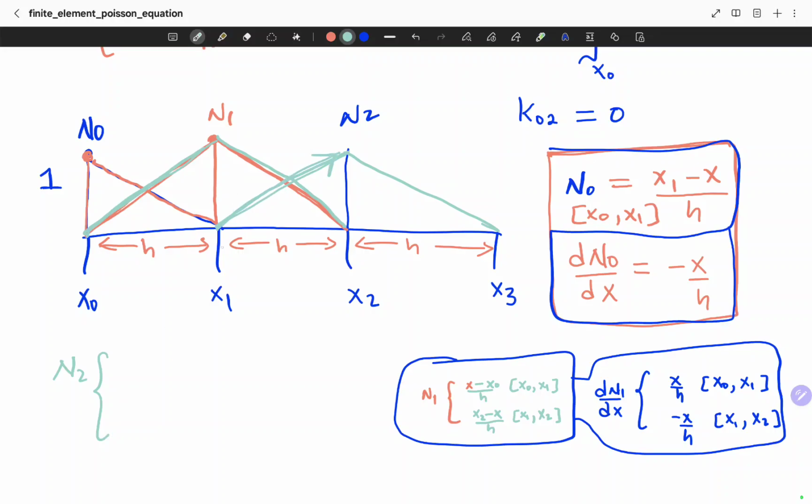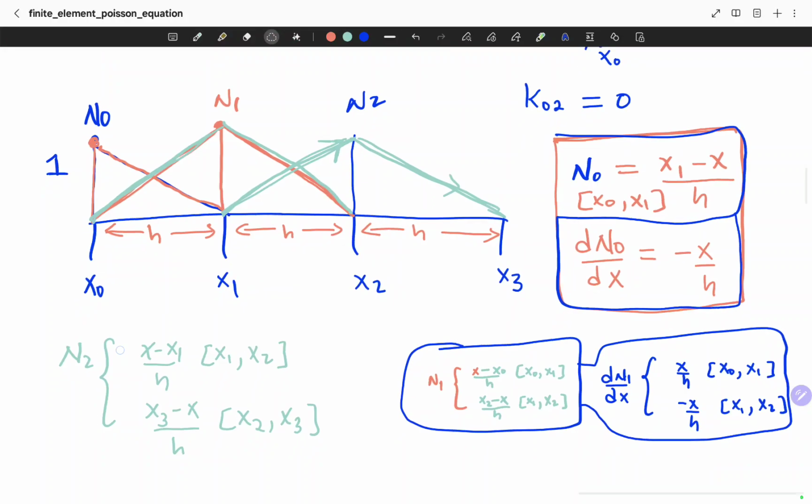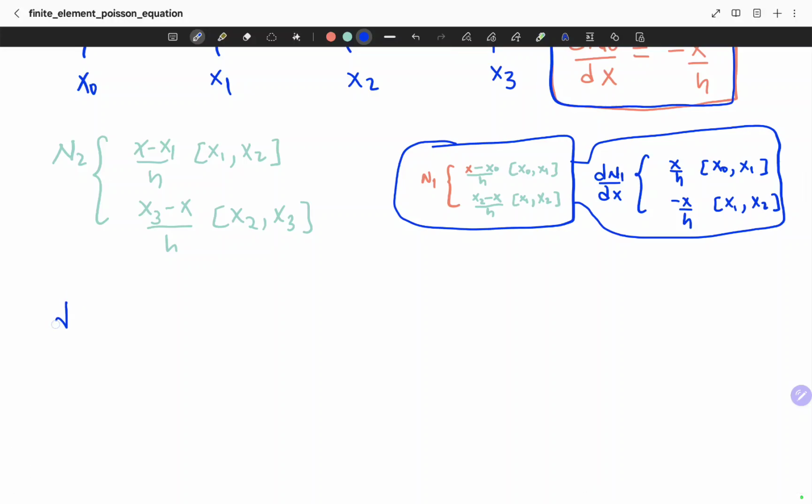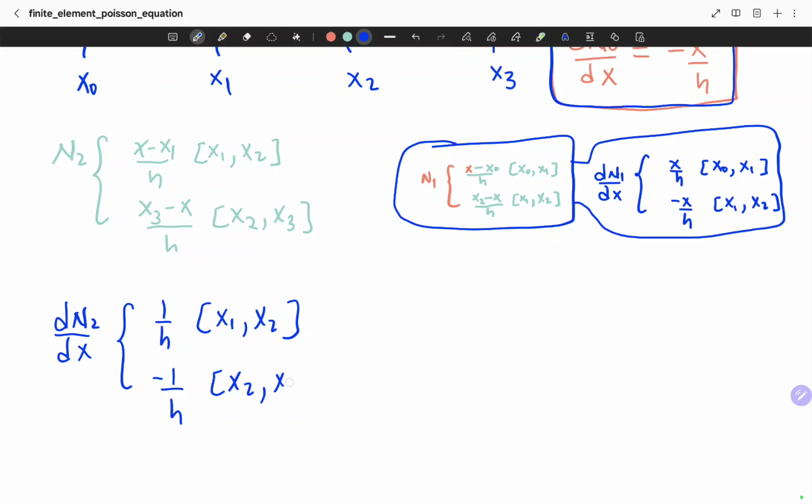Remember, you're going this way, so it is x minus x1 over h from x1 to x2, and going down here it is x3 minus x over h from x2 to x3, and the derivatives, you can easily get the derivatives. dn2 by dx gives you, for this one, 1 over h between x1 and x2, and for this one, minus 1 over h between x2 and x3.